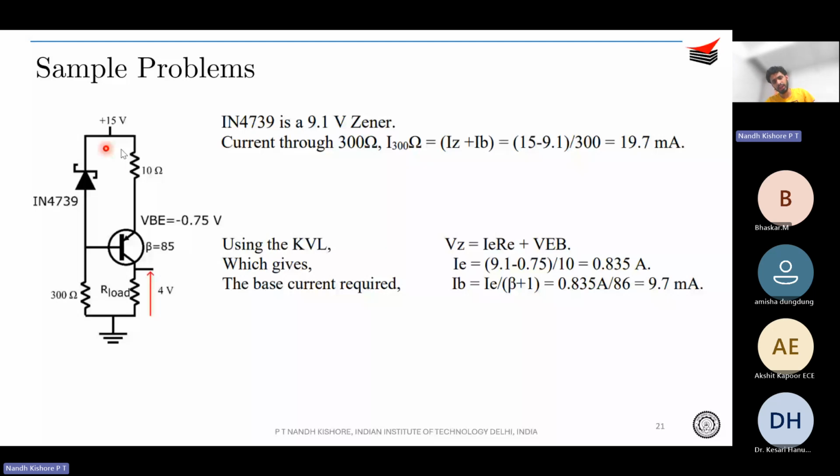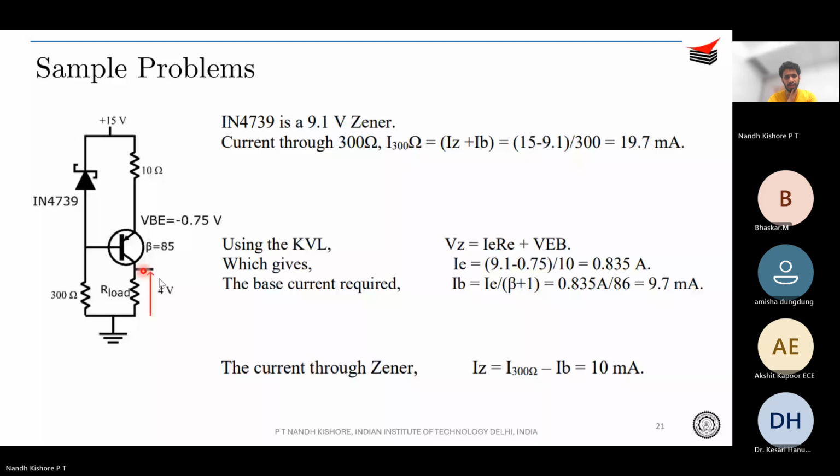Since you know IE, you know IB and IC as well, using the beta relationship. IB is equal to IE by 1 plus beta, and IC is equal to beta times IB. Then you know the current through the Zener, by applying KCL: this current minus this current.